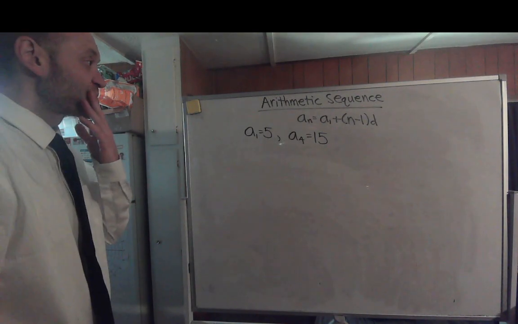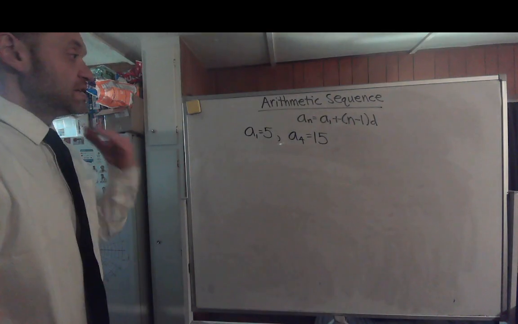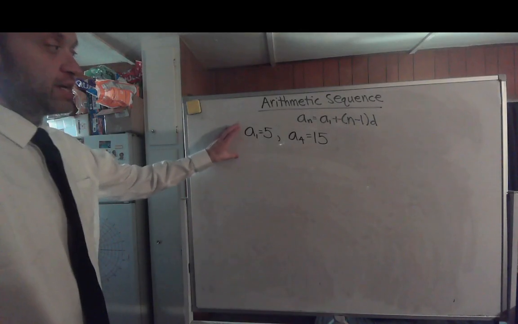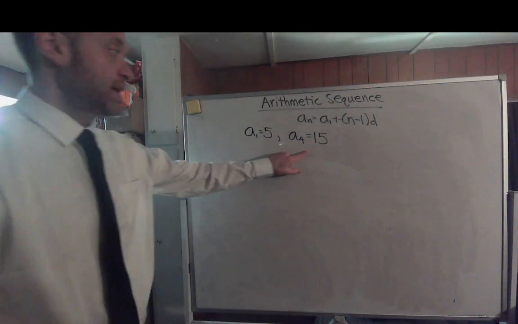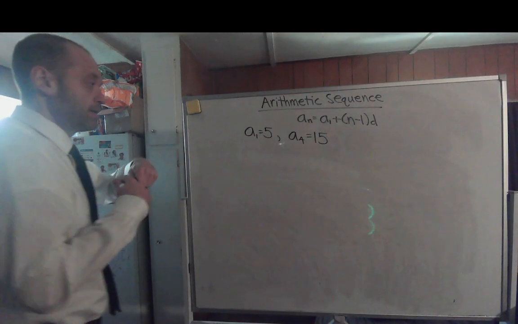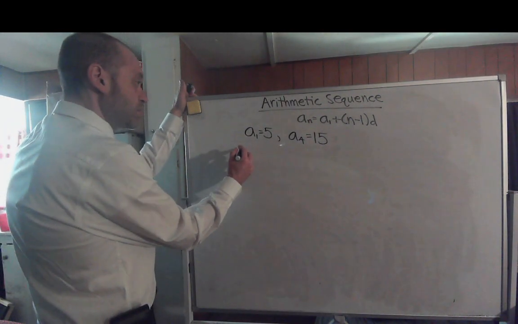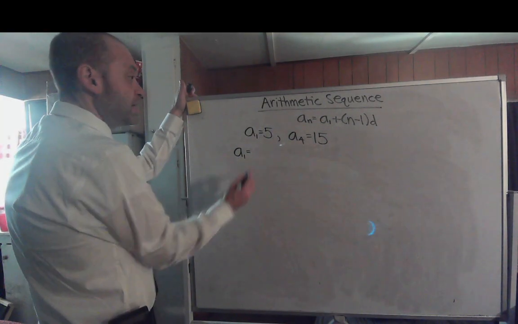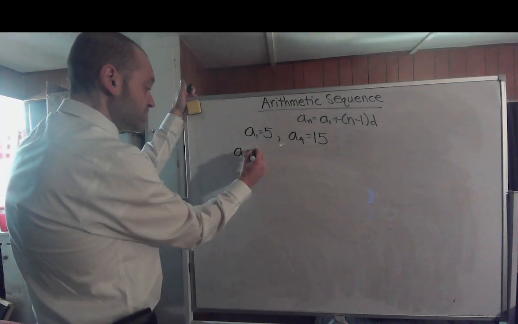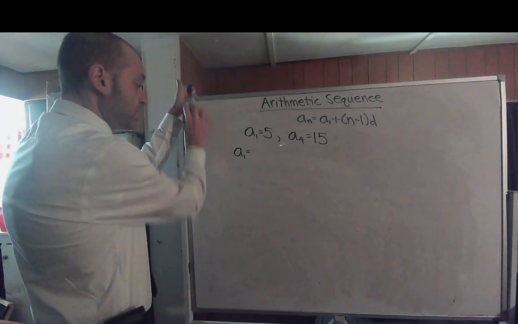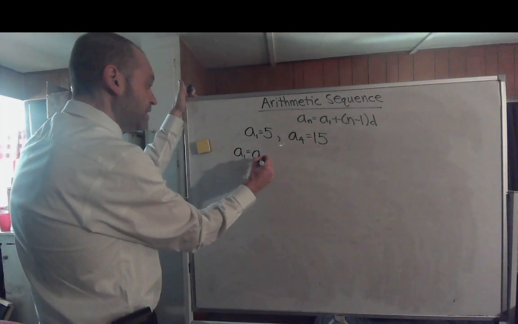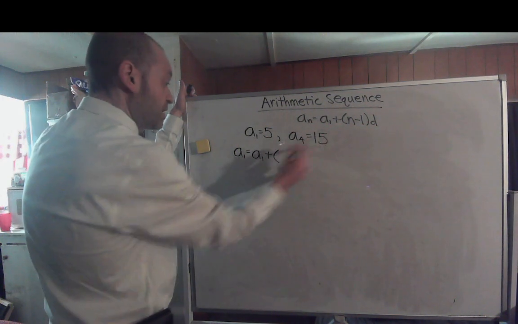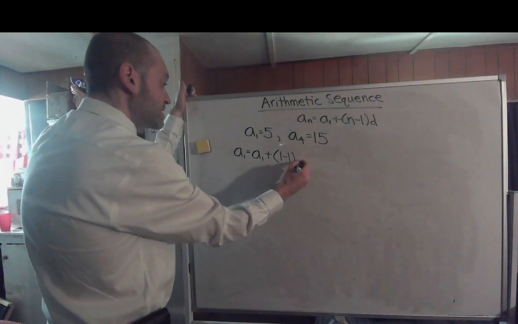So you need to take each of these values here. Start with your a sub 1. So in this case, a sub 1 equals a sub 1 plus the number of term I'm on, 1 minus 1, times d.